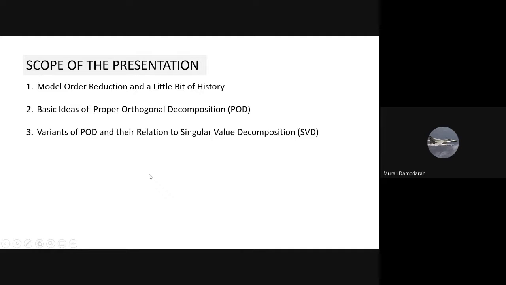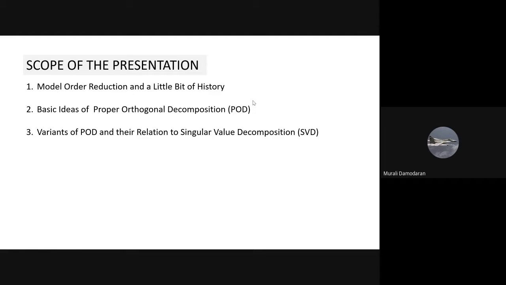The technique is used in many areas, not only engineering but also computer graphics and genetics. Because the topic is so wide, I am only going to focus on proper orthogonal decomposition, which goes by the name of POD.